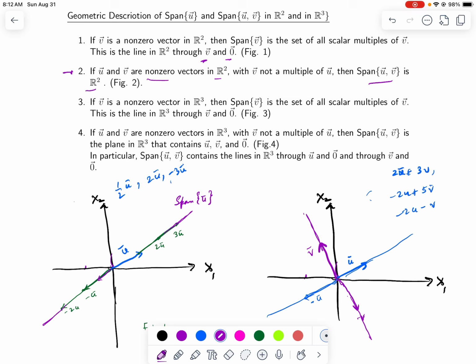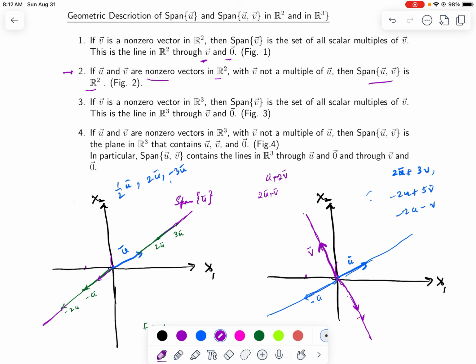Notice that if you want to find linear combinations of u and v, for example you can look at what u plus 2v looks like, or 2u plus v, or you can take higher multiples as well.